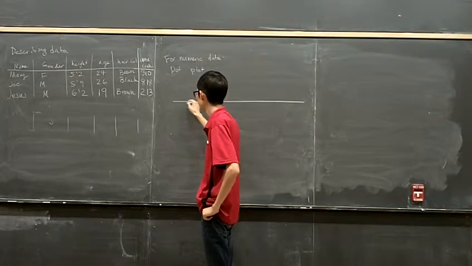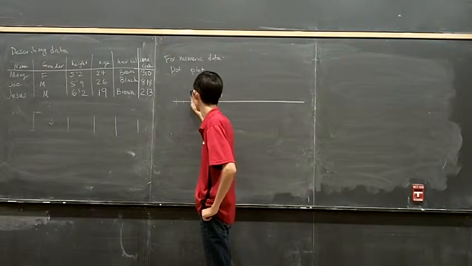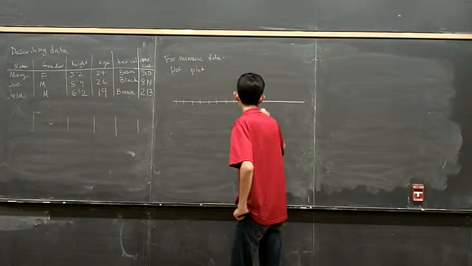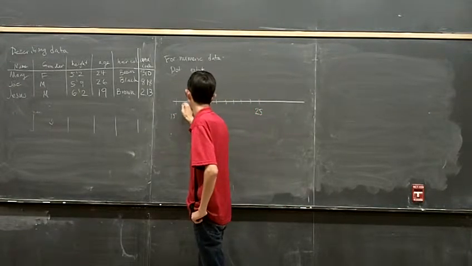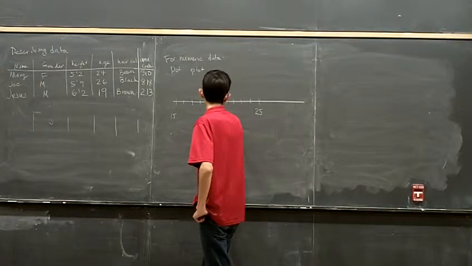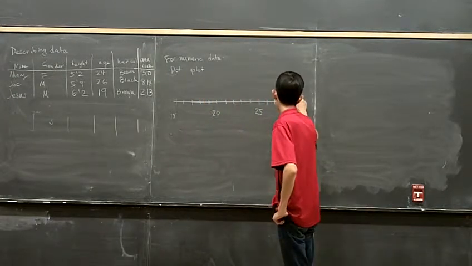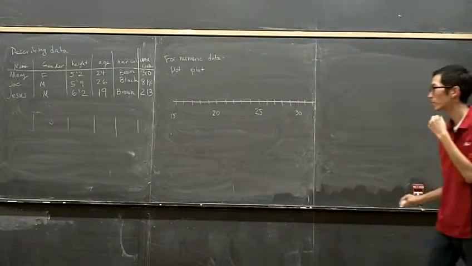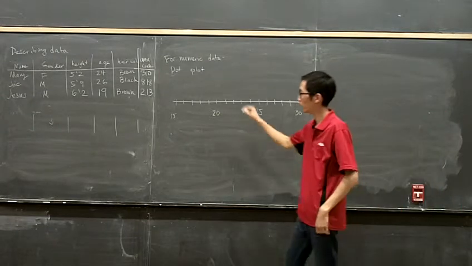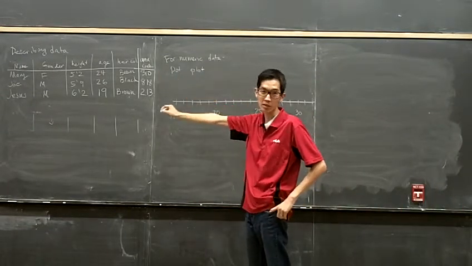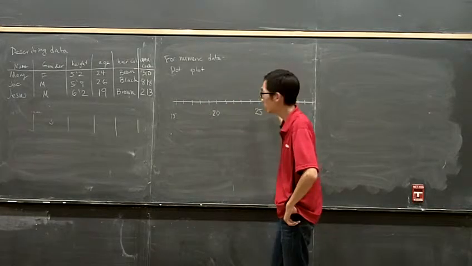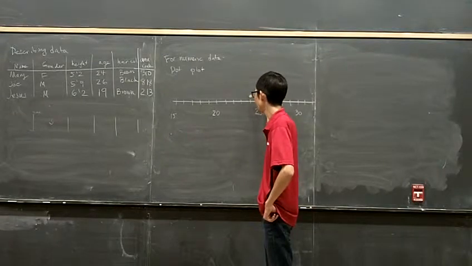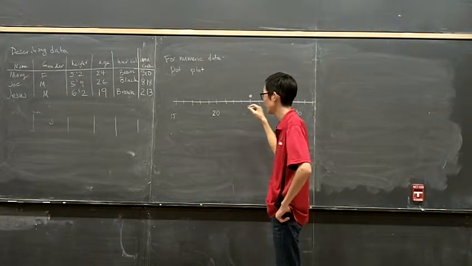And so let's say we did this for age. And with the dot plot, we would just go and every single person, we would indicate with a dot on our number line. Okay, so Mary is 24. She gets a dot there.